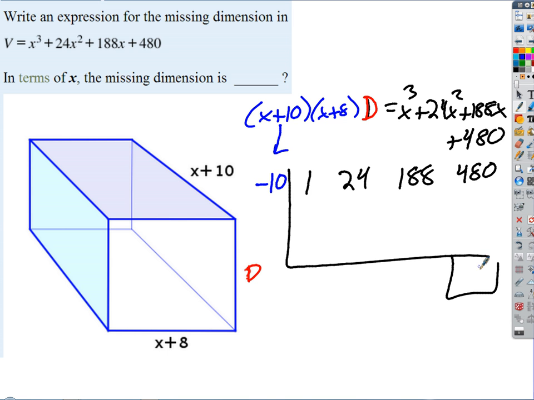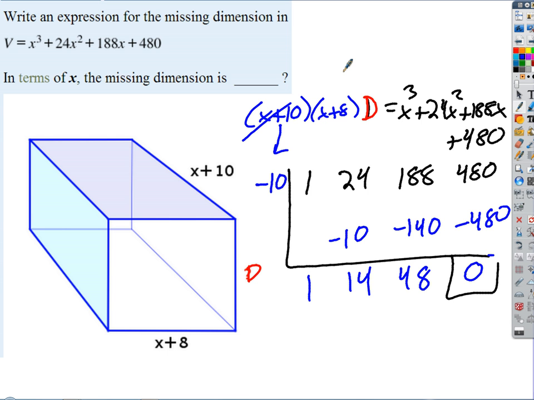And what goes here? 0. So if I do this, bring down the 1, times negative 10, negative 10, 14, negative 140, 48, and negative 480. It worked. So when I divide away the x plus 10, I'm left with that polynomial.